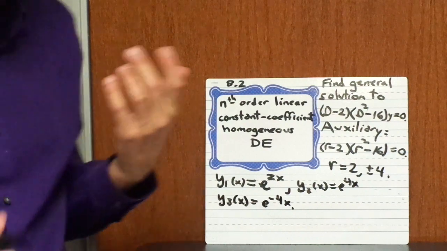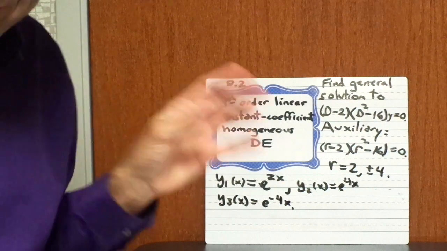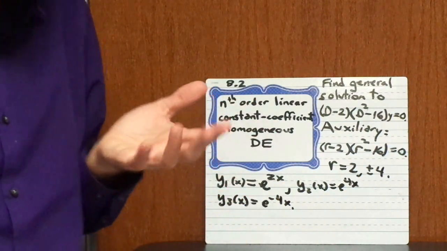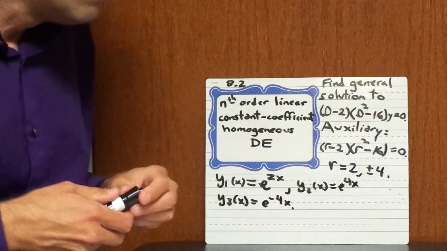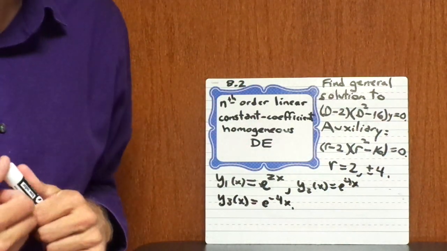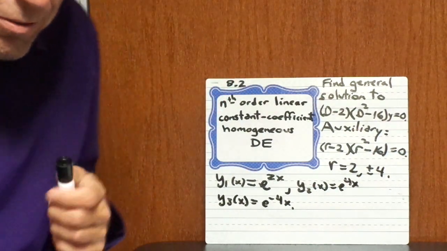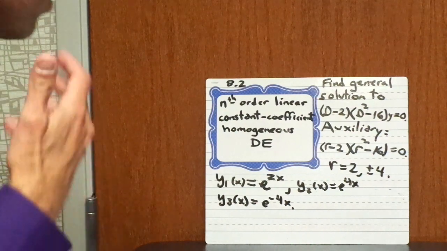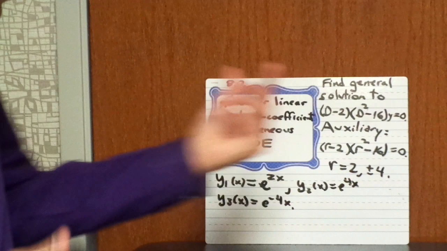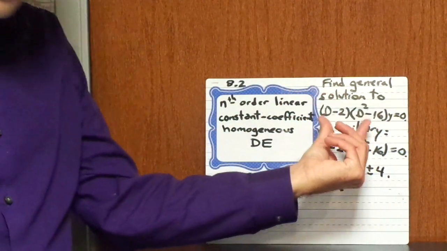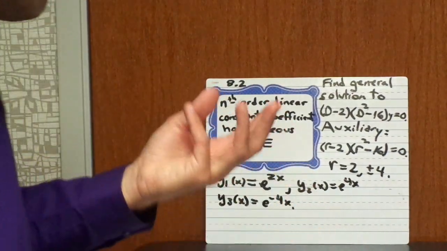And of course, remember that a third order homogeneous linear differential equation has a solution space. The solutions to that form a 3-dimensional vector space. So for an nth order linear differential equation, remember from section 8.1 that the solutions form an n-dimensional vector space. So we know that because this is a third order example, the solutions have to form a 3-dimensional vector space.